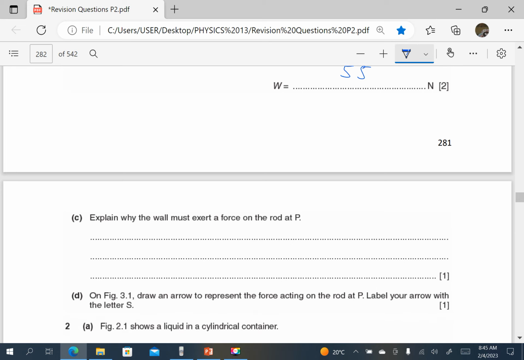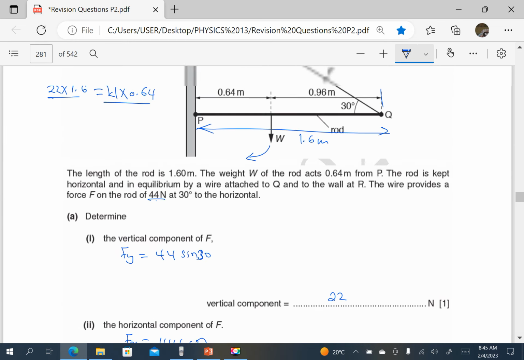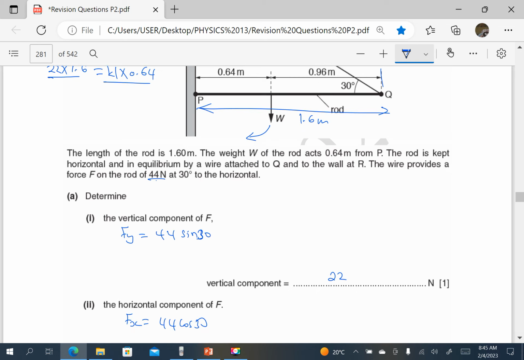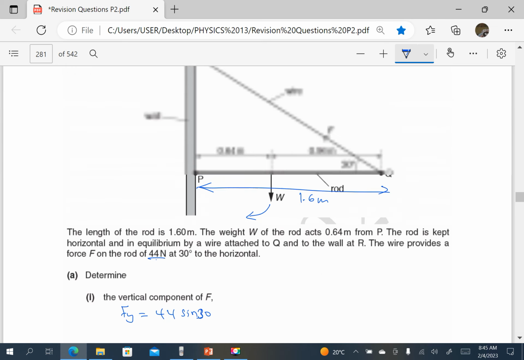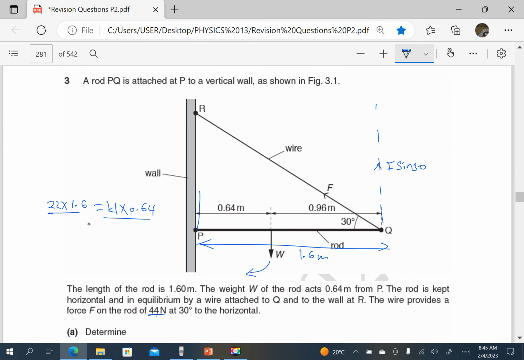Explain why the wall must exert a force on the rod at P. Of course, we see that the vertical component is 22, and the weight is 55, and they are not equal. So that means there must be a force from the wall, which must be, first of all, balancing the horizontal component and also giving us a vertical force which adds with F sine 30 to balance the weight.